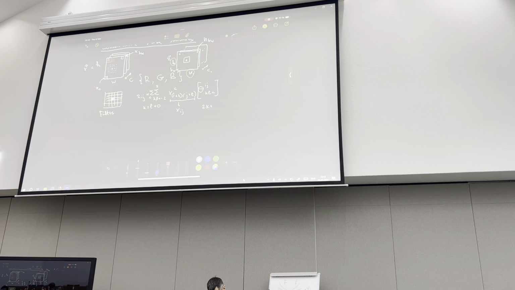2k plus 1. No, k. Let the dimension of the filter be a square of size l. Then the number of elements in this matrix is l squared, and that's all.